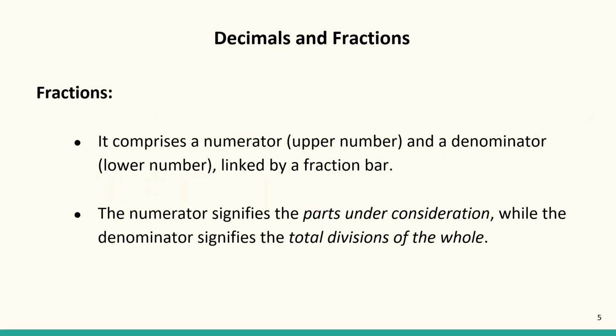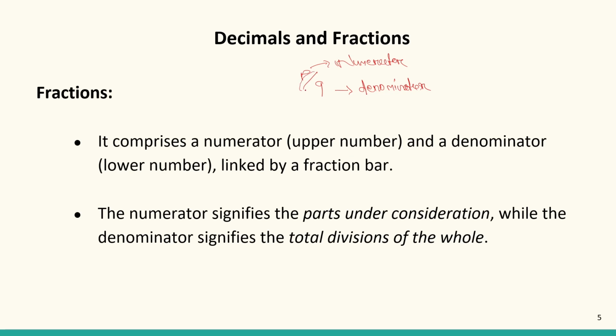So what are fractions? A fraction comprises a numerator, just like I told you, that is p by q, where p is the numerator and q is the denominator. It comprises a numerator and a denominator linked by a fraction bar.